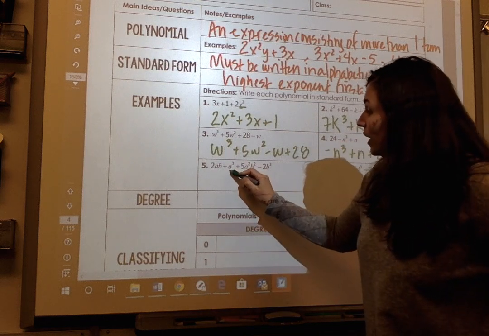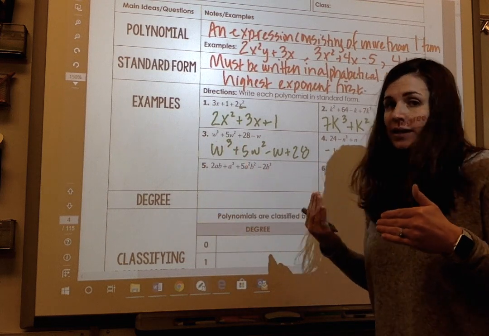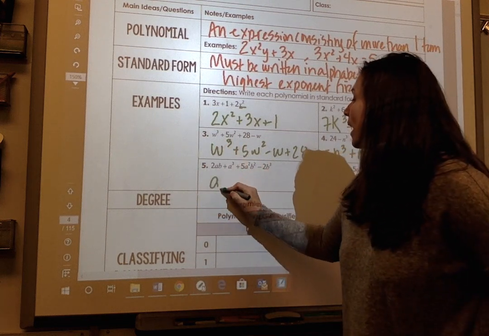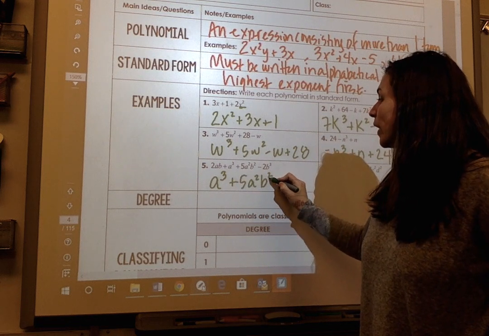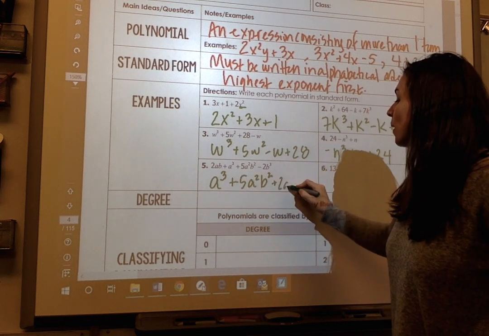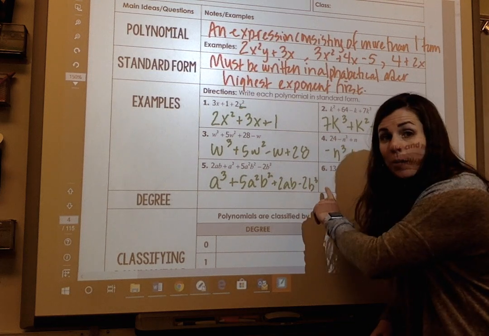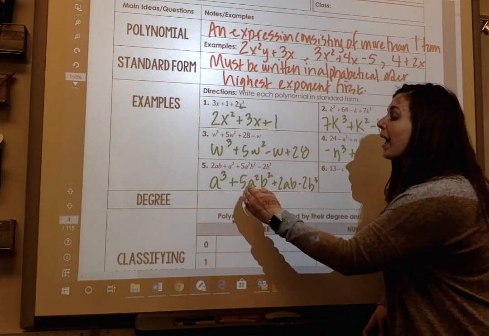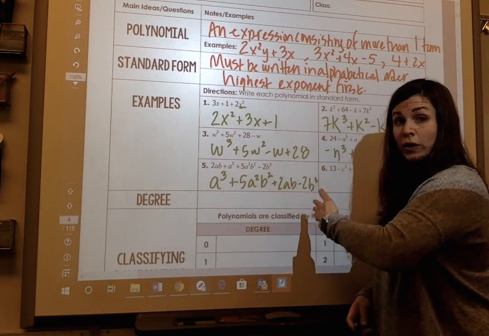So I'm going to start here with a cubed, and I'm only looking at my a's. Then I'll let the b's play out. So it's going to go a cubed plus 5a squared b squared plus 2ab minus 2b cubed. So even though b is to the third power, I have to get rid of my alphabetical ordering first.